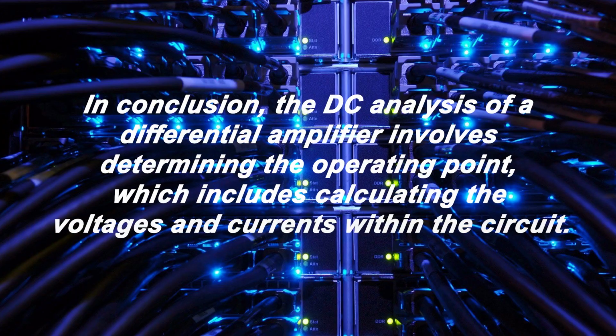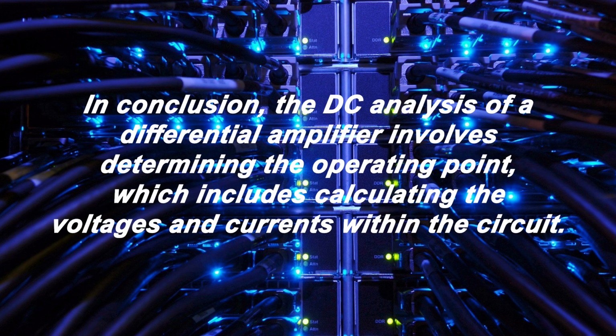In conclusion, the DC analysis of a differential amplifier involves determining the operating point, which includes calculating the voltages and currents within the circuit. This analysis aids in understanding the behavior of the amplifier under constant or direct current conditions.